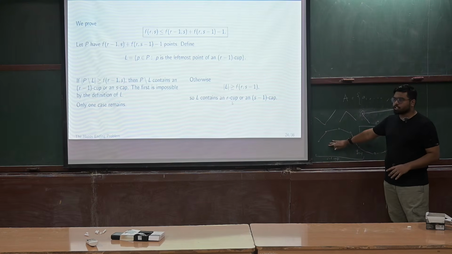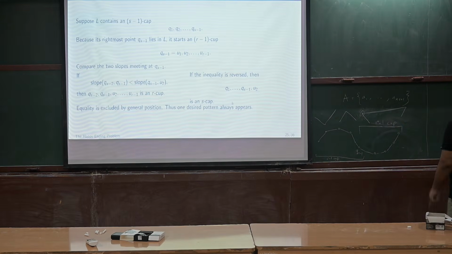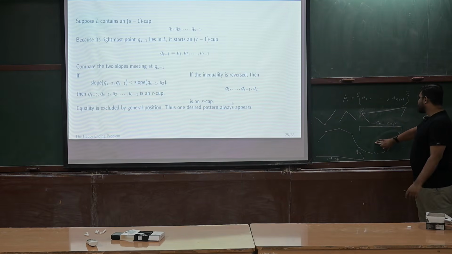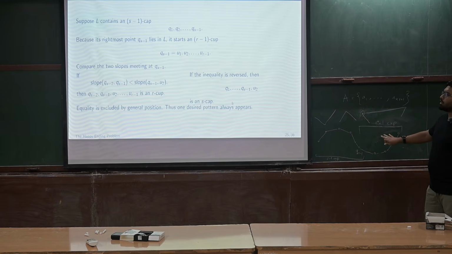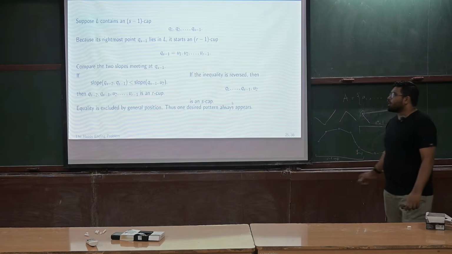So this is your s minus 1 cap that we got, the q1 through qs minus 1. And this is the r minus 1 cup, which you will obviously get because L has all of those points that are the leftmost point of an r minus 1 cup.